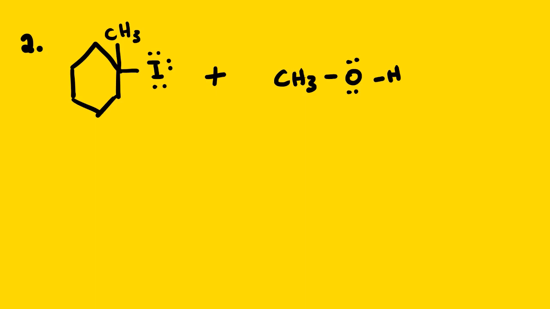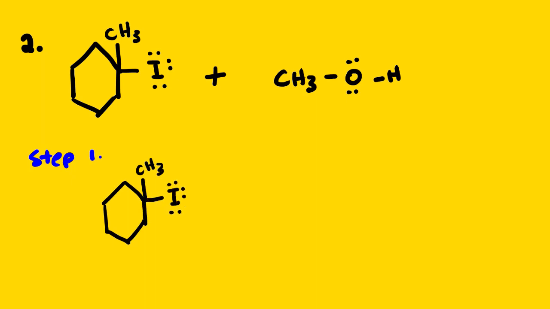The first step that we need to represent under this mechanism is the formation of carbocation, which is the leaving group leaving our substrate. So this is the leaving group actually leaving the substrate.